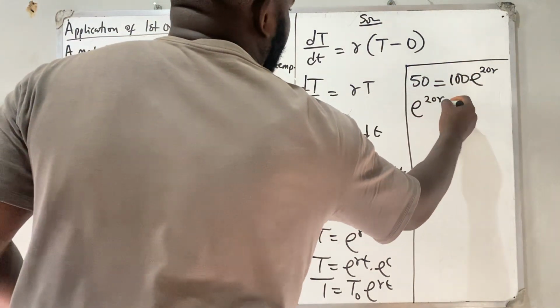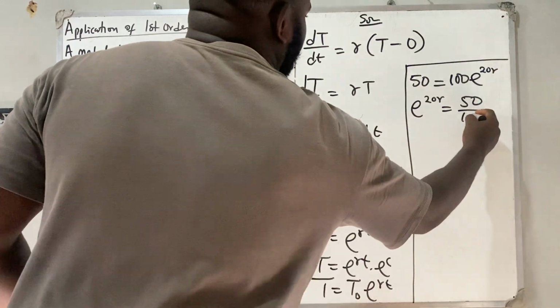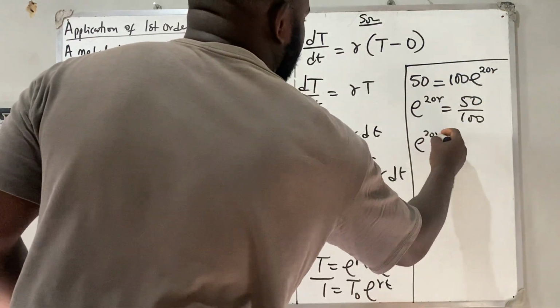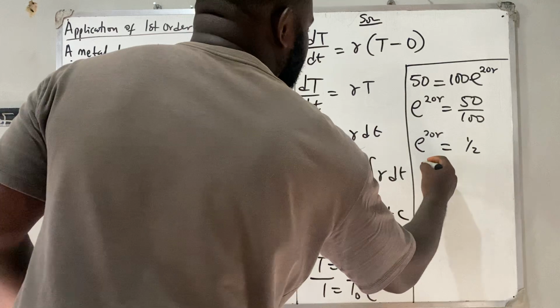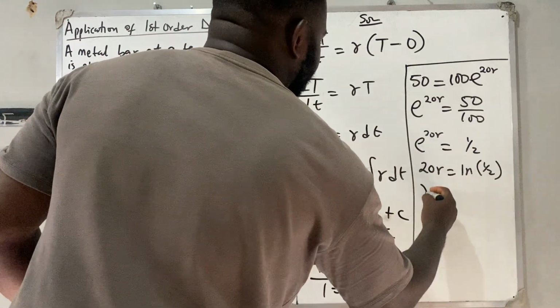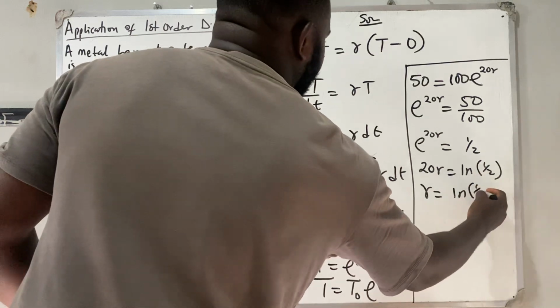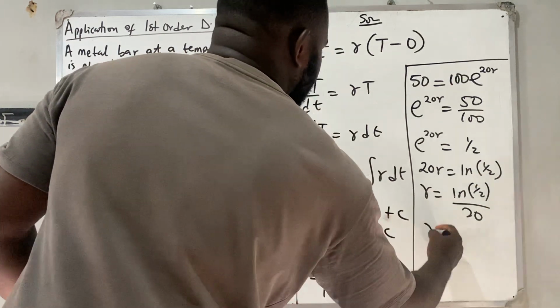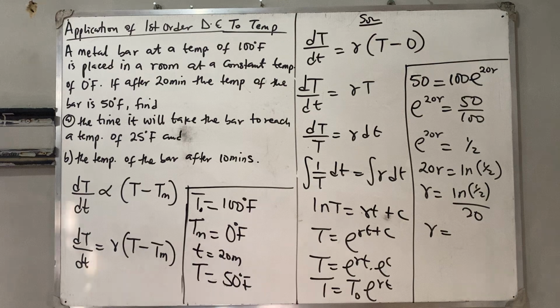Exponential 20r will be 50 divided by 100, so exponential 20r will be half. So 20r will be ln half, therefore r will be ln(1/2) over 20.